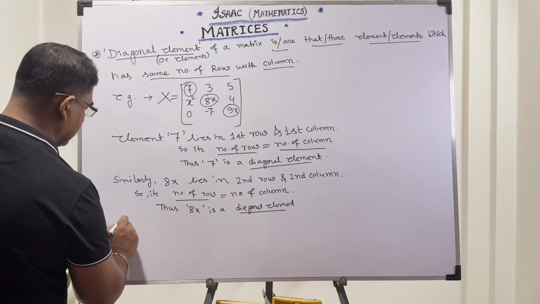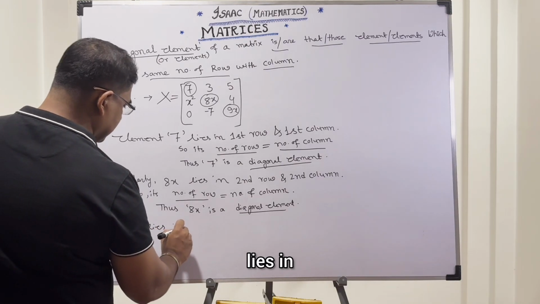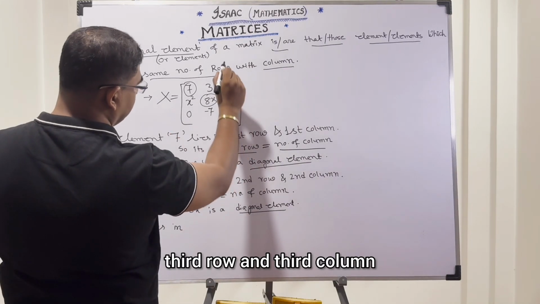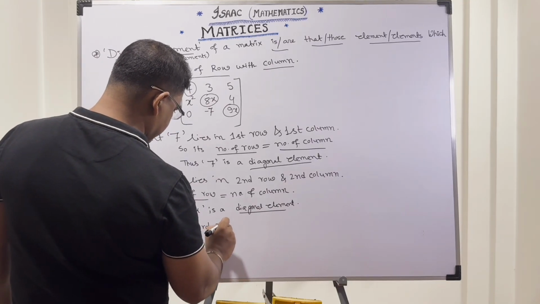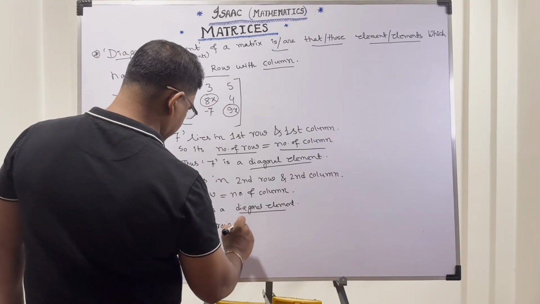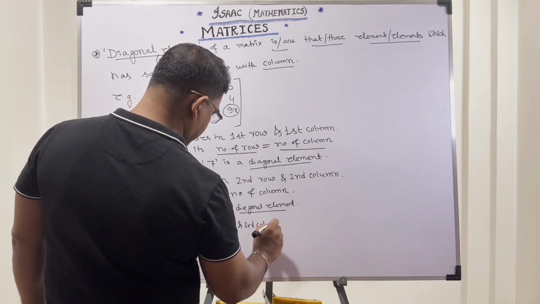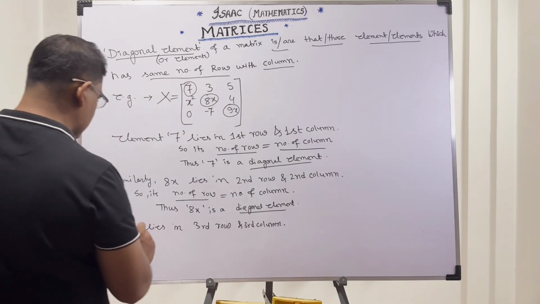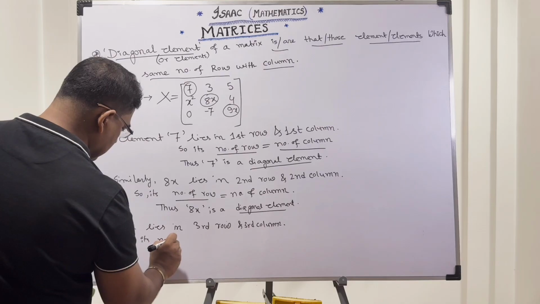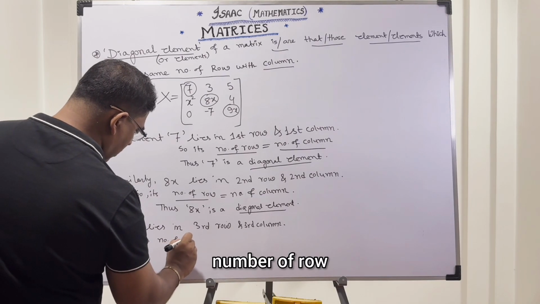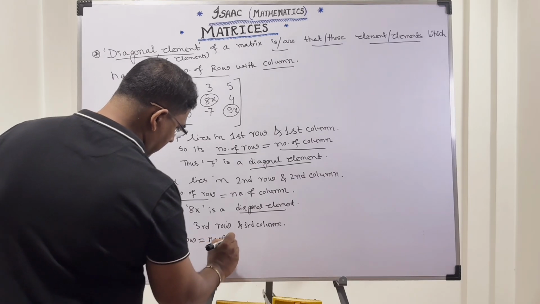Nine x lies in third row and third column. So its number of row equals the number of column.